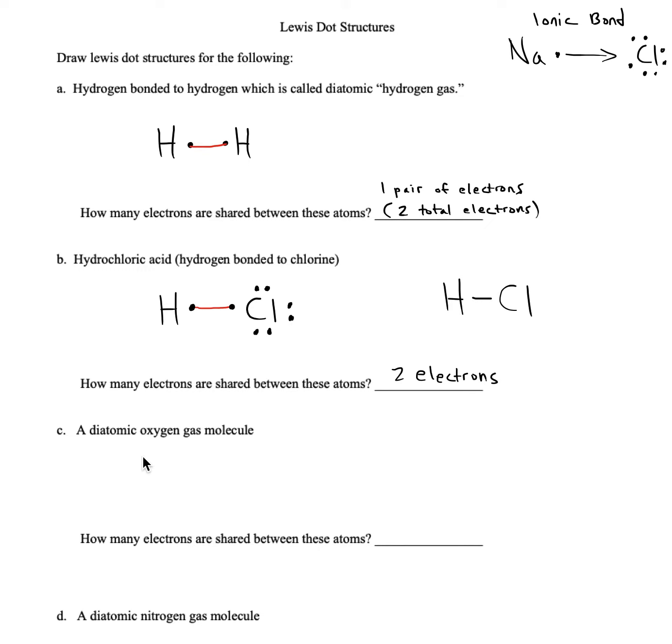All right, let's try diatomic oxygen. So oxygen normally has 6 valence electrons, according to the periodic table.